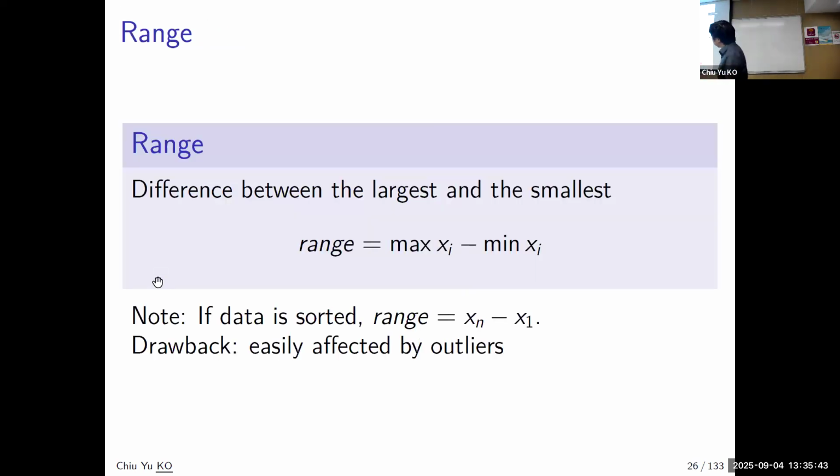So just to recap, range is just the biggest number minus the smallest, and it tells you how distant they are. And of course, this is easily affected by outliers. That's probably not a drawback, but also a feature.